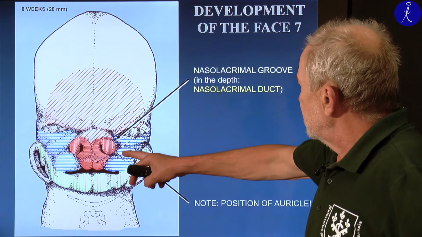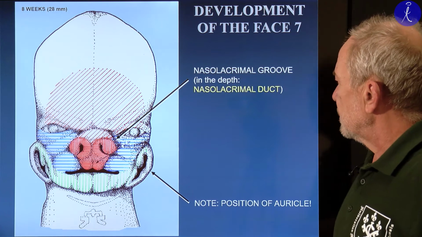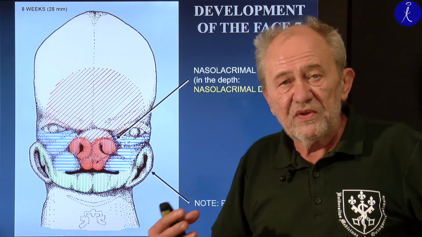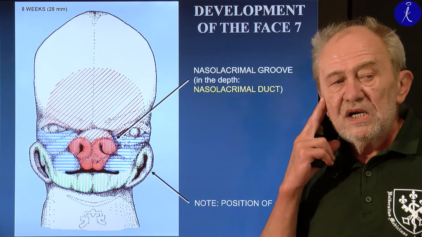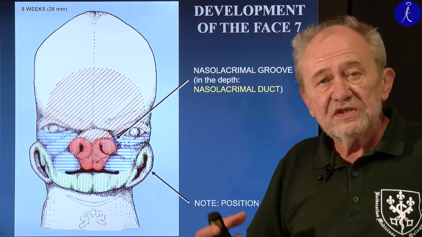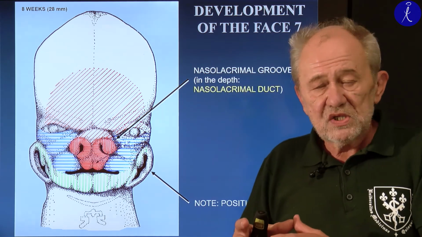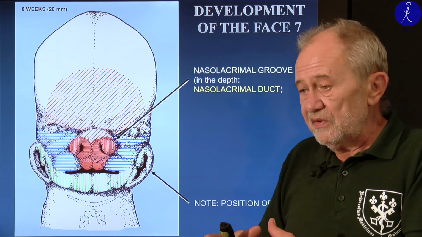At the nasolacrimal groove, deep within the groove, there is the cord of epithelial tissue that I mentioned before. The fate of it has already been determined, because epithelium has no blood supply, only diffusion supplies the epithelial cells.